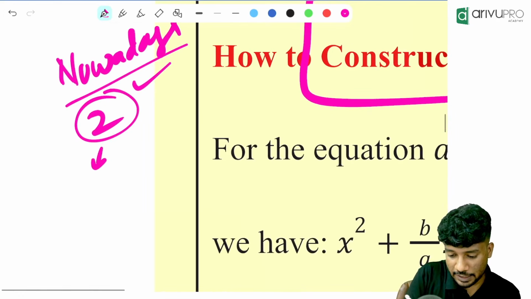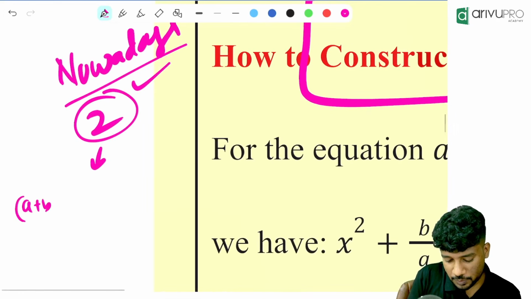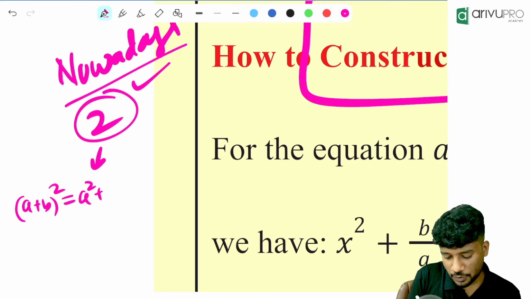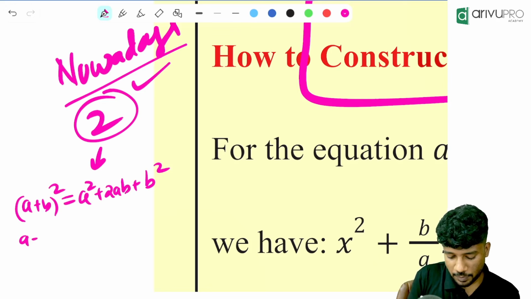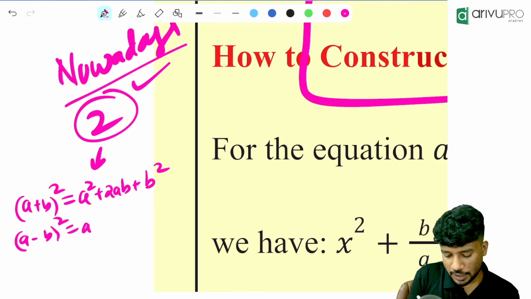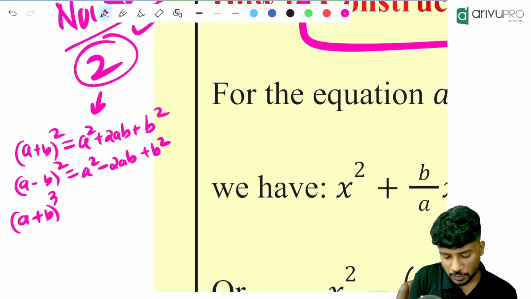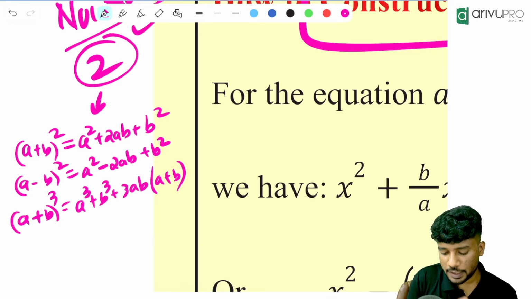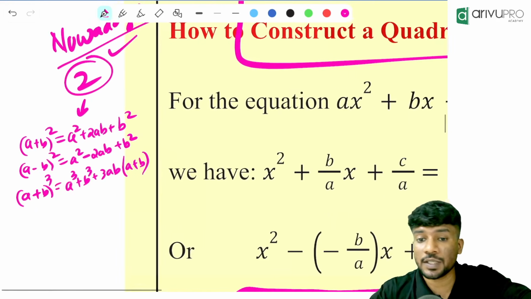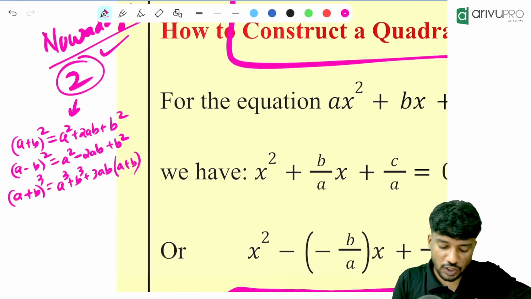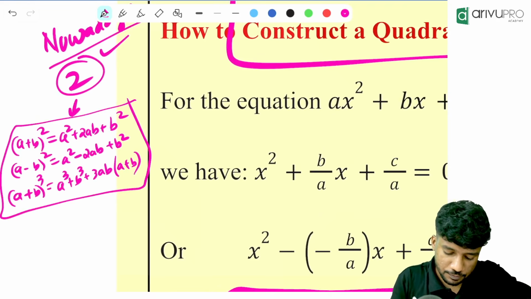Make a note of the identities if you forgot them. a plus b the whole square is a square plus 2ab plus b square. a minus b the whole square is a square minus 2ab plus b square. a plus b the whole cube is a cube plus b cube plus 3ab into a plus b. Make a note of it. It will help you in certain questions. These three are important.